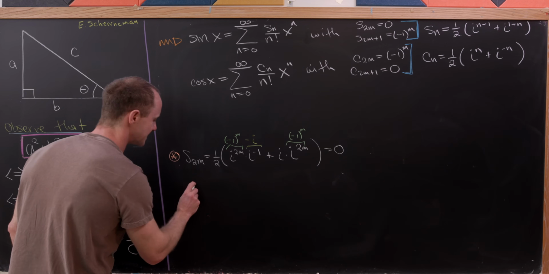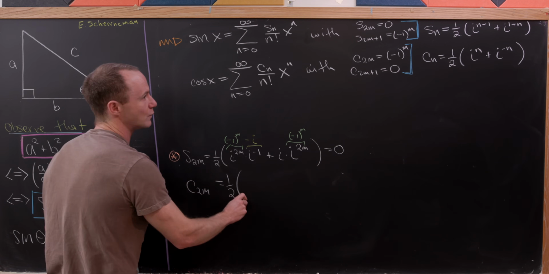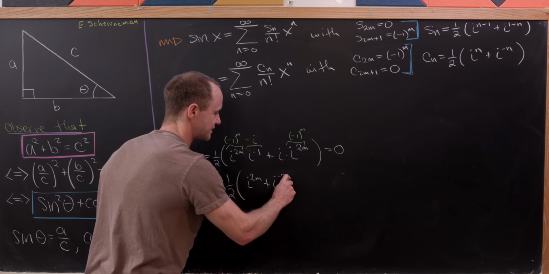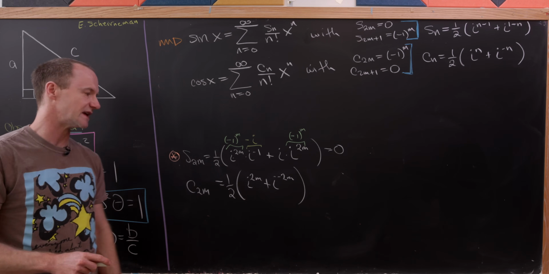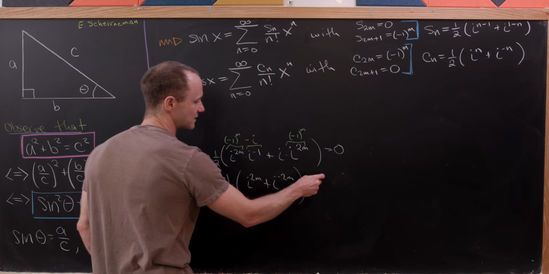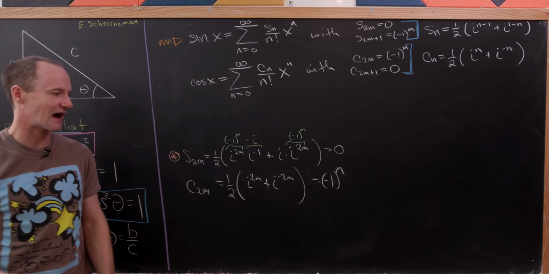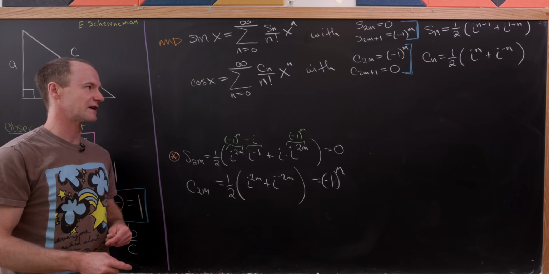Maybe we'll do the C_{2m}, the even ones again. So that'll be 1/2, and then we get i^(2m) plus i^(-2m). But in both of those cases, we get (-1)^m. Those are going to clearly add together to 2 times (-1)^m, but we've got this half out front, so we get (-1)^m. So we're left with something like that.